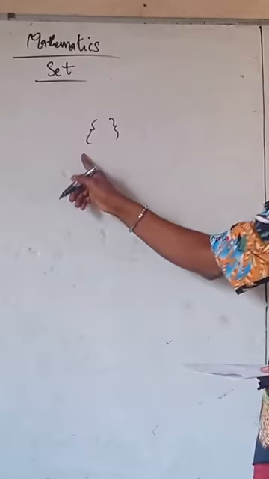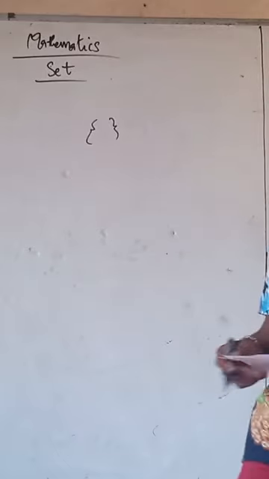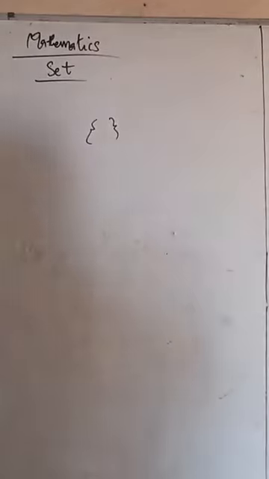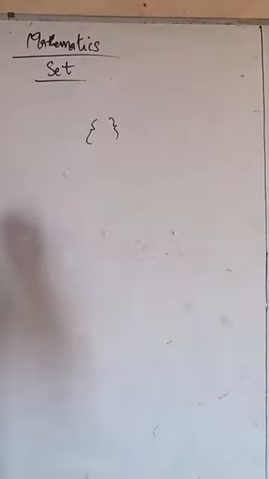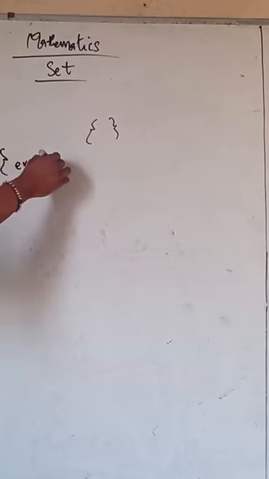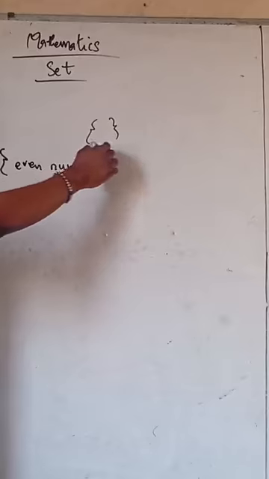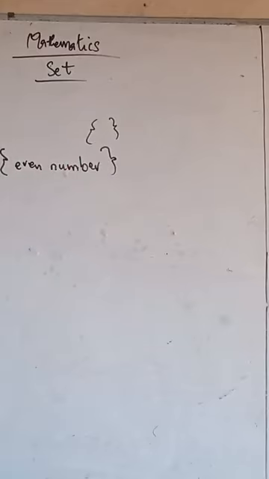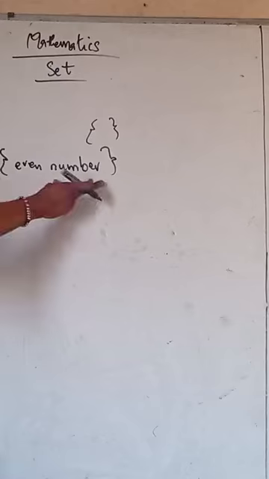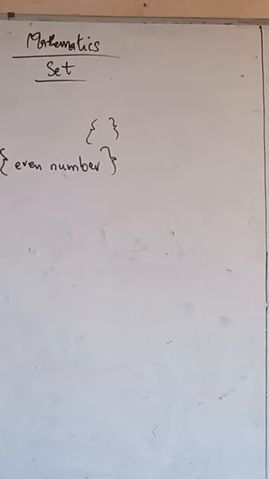Still on set, for example, if you have set A, and the members are the even numbers.